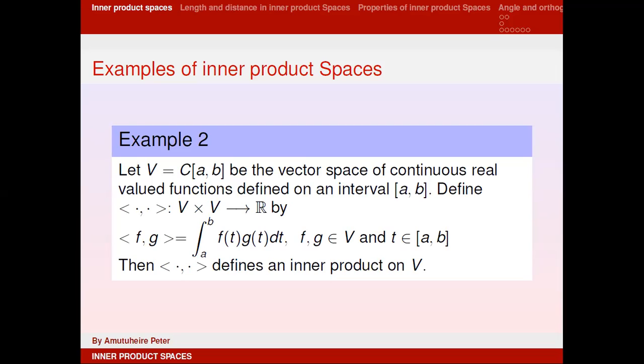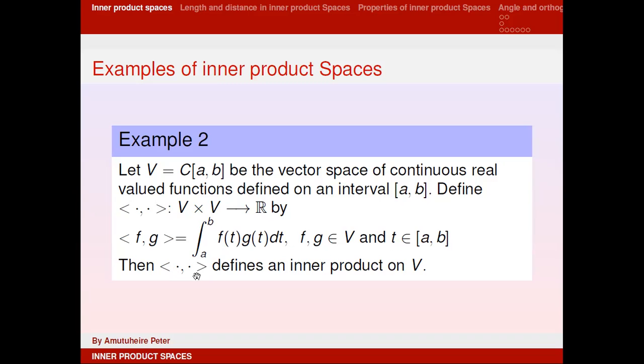We define a function from V times V to R, so we pick two vectors and return a real number. This function is defined for two functions, f and g, as the integral from a up to b of the product of the functions with respect to t, where t is a number between a and b.